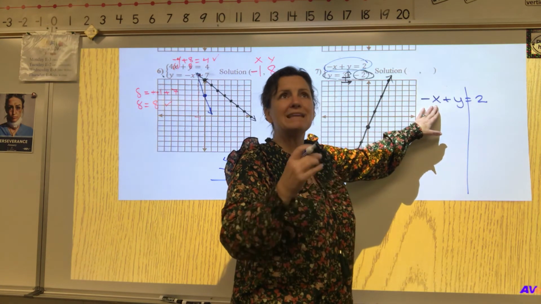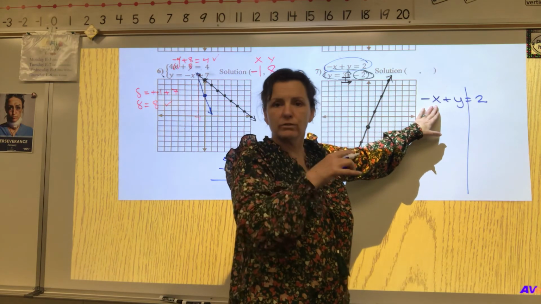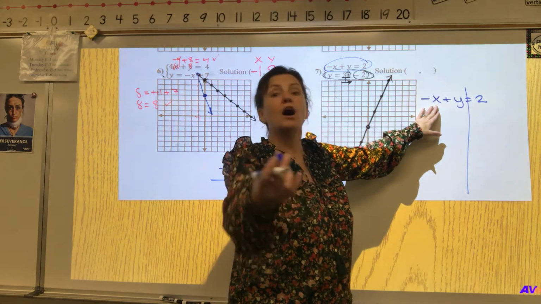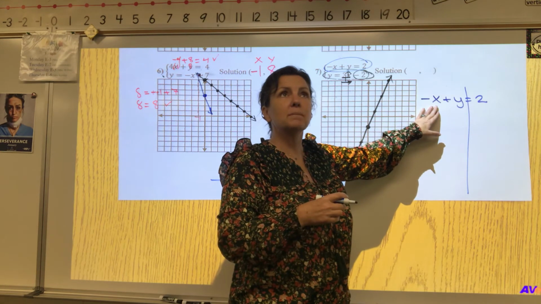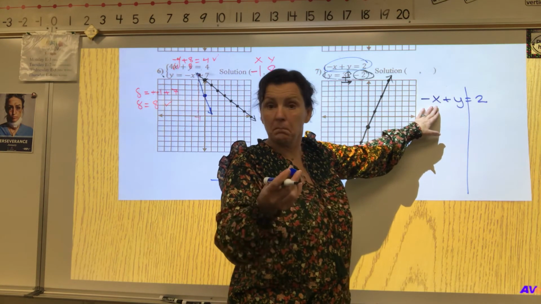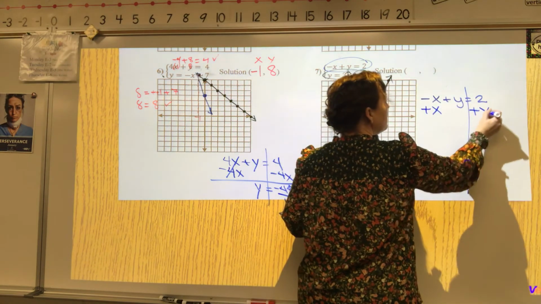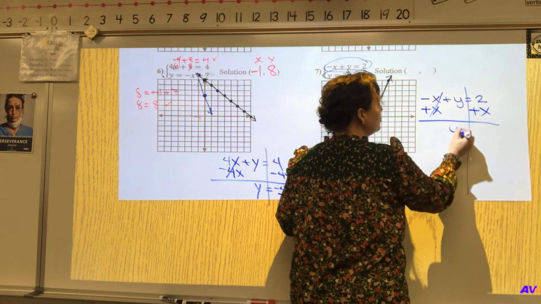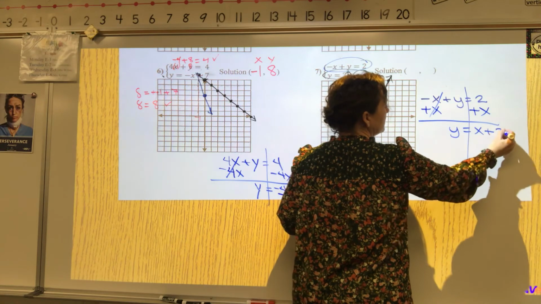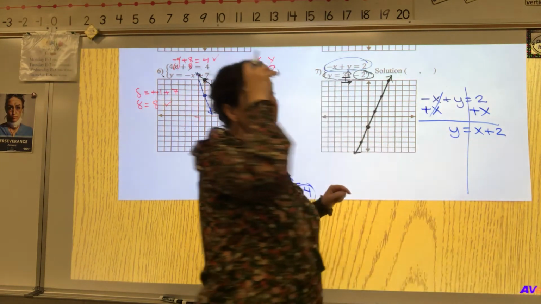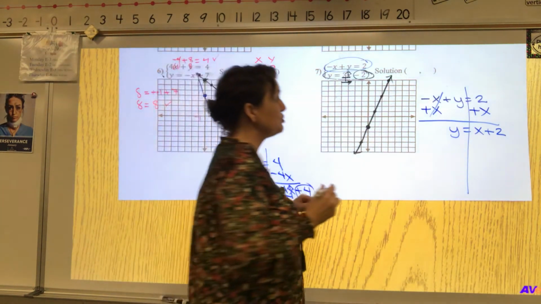So how do we move a negative something to the other side? We move by opposites. What is the opposite of something that's negative? Right, it's positive. So I'm going to add x to both sides, because whatever I do to one side, I do to the other. The x goes first, then our whole number of 2.